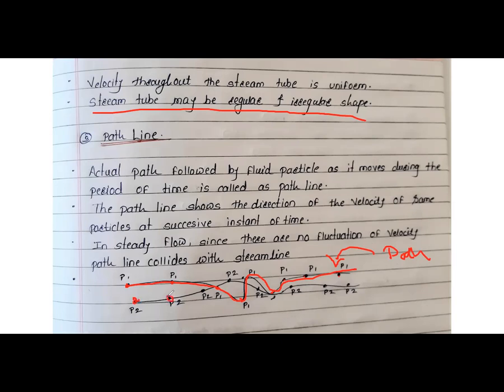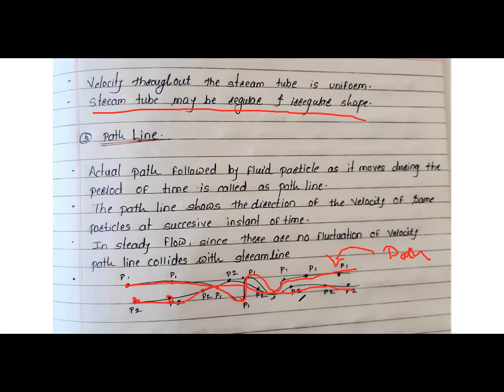Similarly for another point P2. If we draw the line, we are able to find out how the particular point has traveled throughout its flow, and it helps to identify the flow position of a point in the flow.